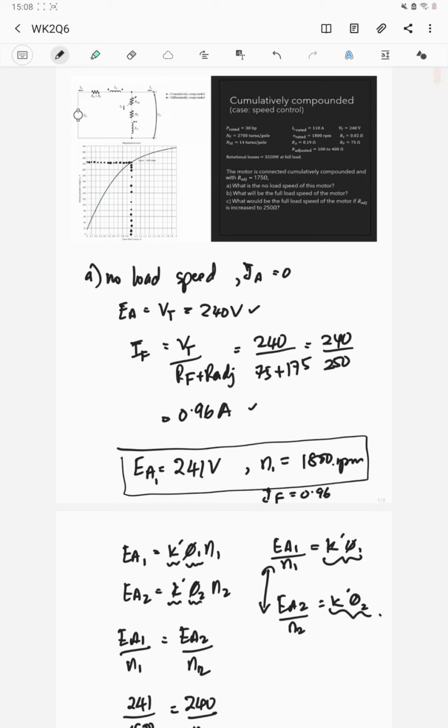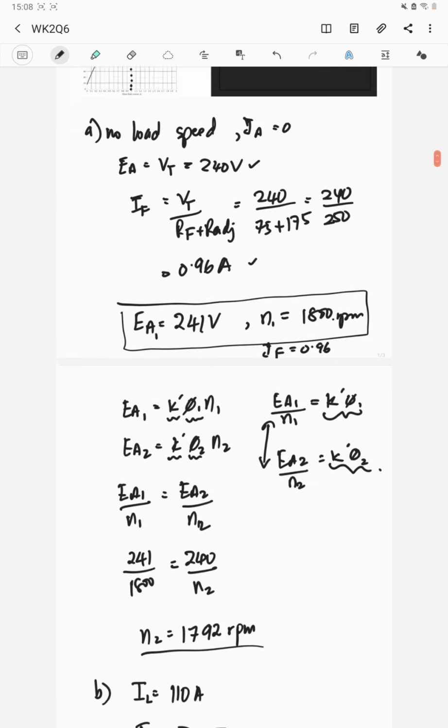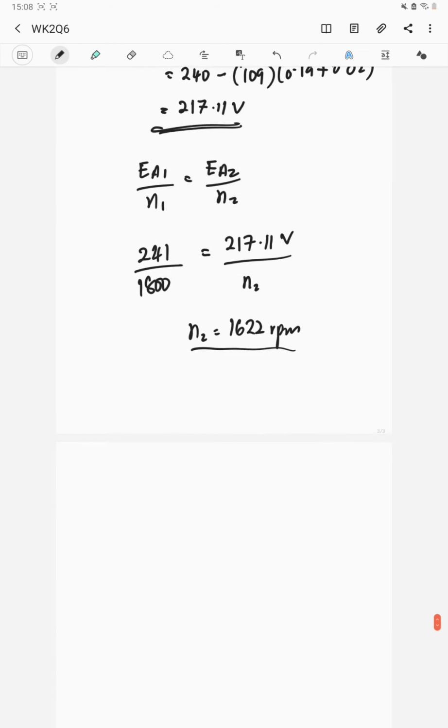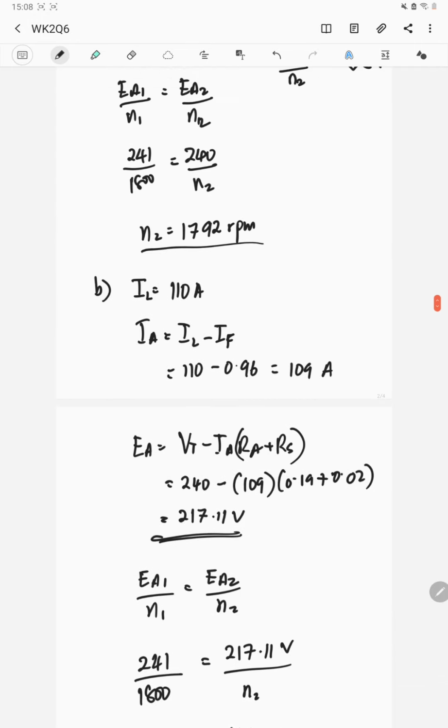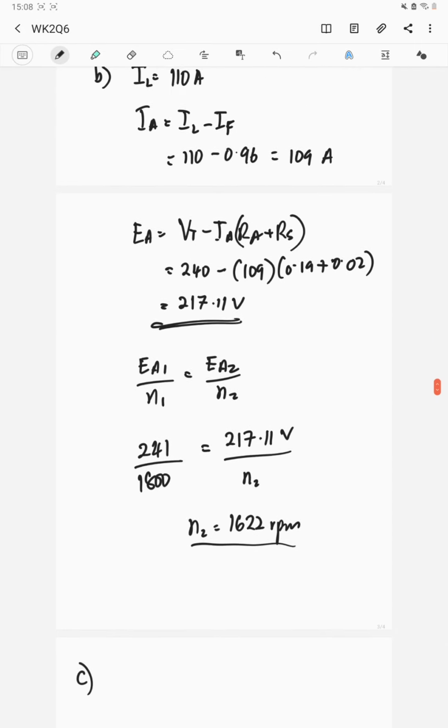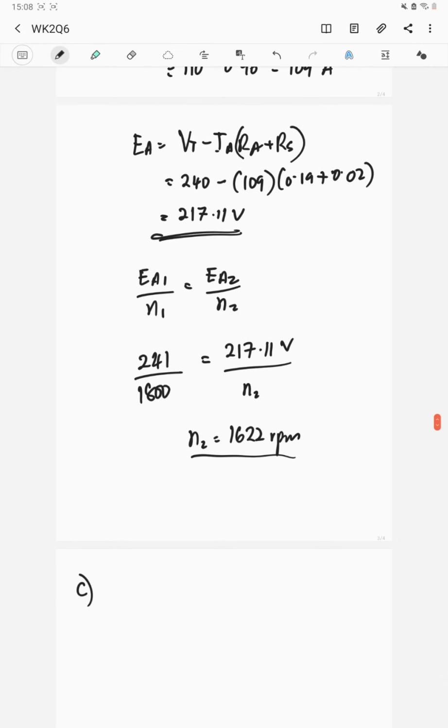Okay, so the third part is: what will be the full load speed of the motor if R adjusted is increased to 250 ohms? We just talked about that just now with the shunt circuit. When we change R adjusted, obviously the field current will be different.